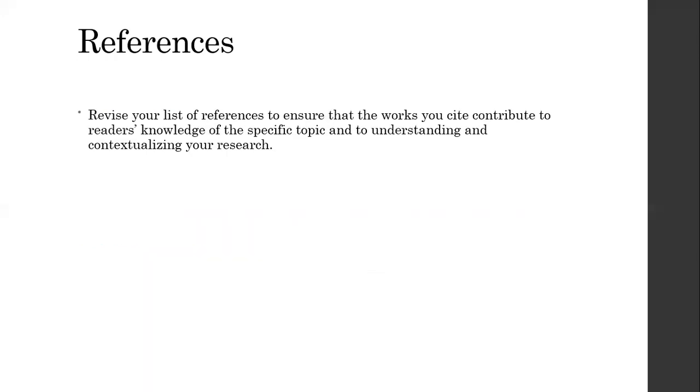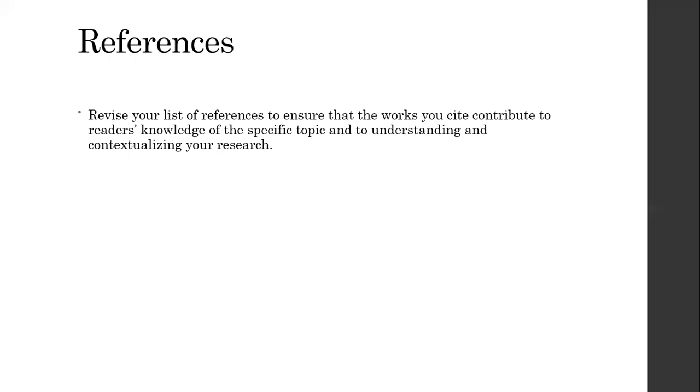The reference list, you have to revise it perfectly. Okay, and you should ensure that the works you cite contribute to the reader's knowledge of the specific topic and to understanding and contextualizing your research. So, as I told you before, you have to exclude all the references not needed, not included within the text, okay?